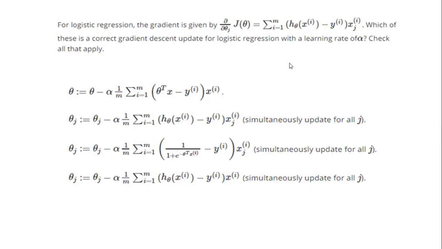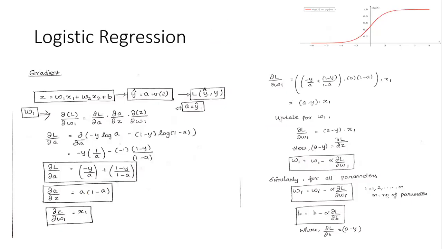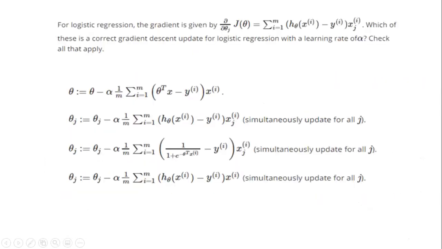To get the answer, we have to see this one. What is the answer when we multiply dL over dW1? It was A minus Y into X1, which is X in this case, that XJ is this one. So A minus Y into X1 multiplied by alpha. Do you see any similarity to that?